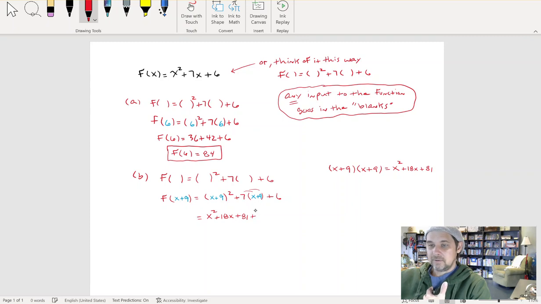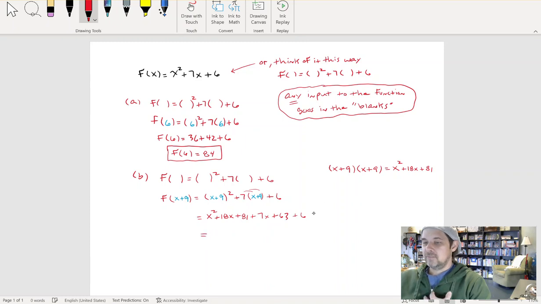So I'll get 7 times x, and then 7 times 9, and then I've got this 6 that's just plus 6 on the end. Now this is what I get plugging that input into the function. Notice the blue ink and the red ink: plugging in the 6 is no different than plugging in the x plus 9. Then I worked it out from there.